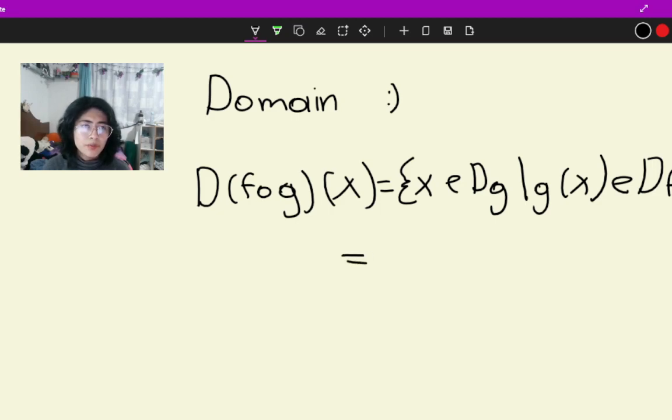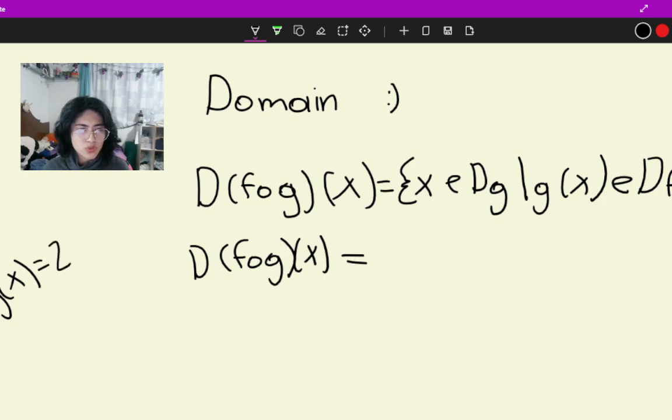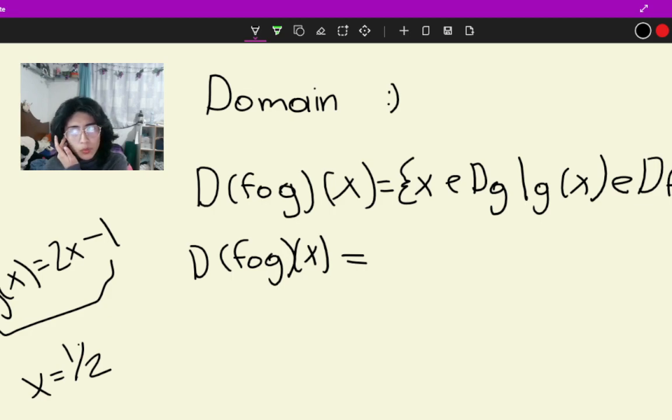Now, remember the value of g of x is 2x minus 1, and in this case x equals one half, and we substitute this number in the formula.